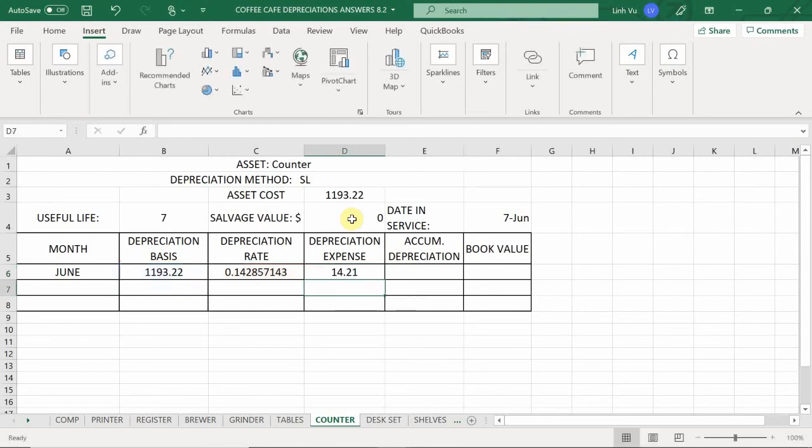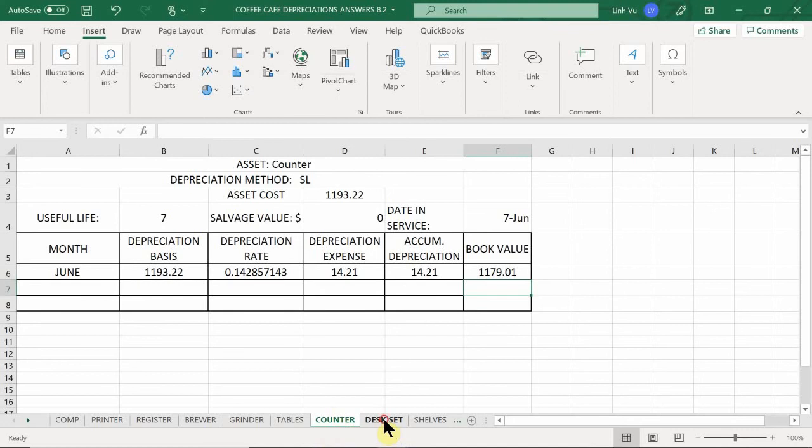Oh, I'm sorry, it is 14.21. Then minus, that gives 1,179.01. Okay, so that's for the counter.